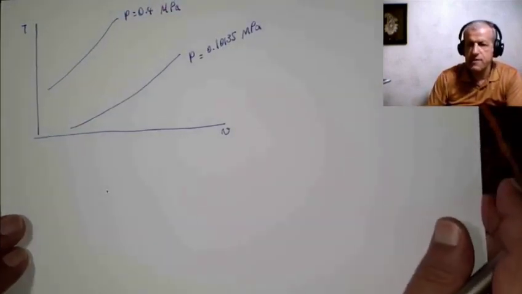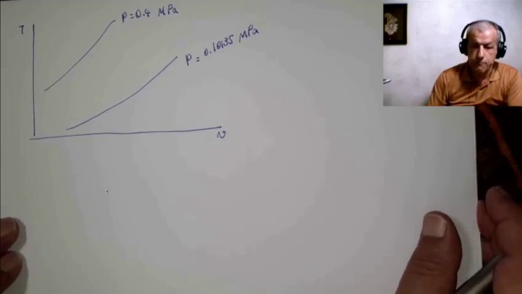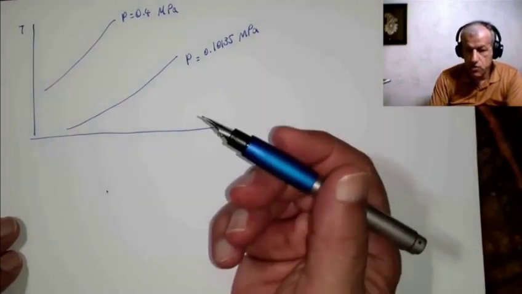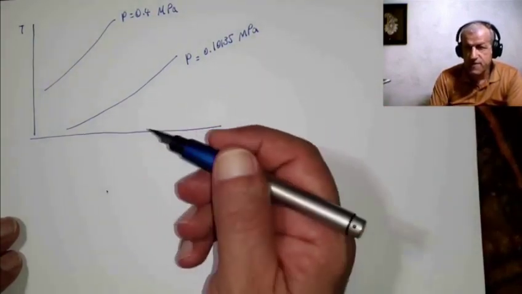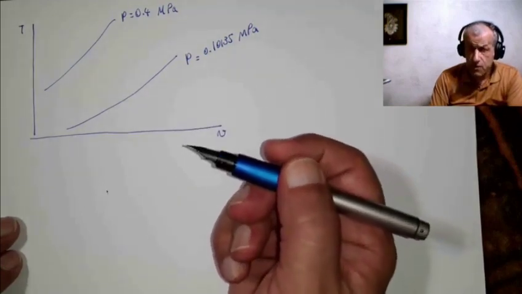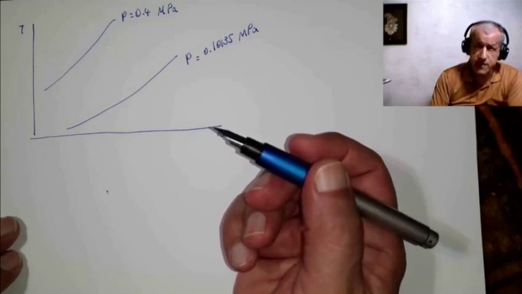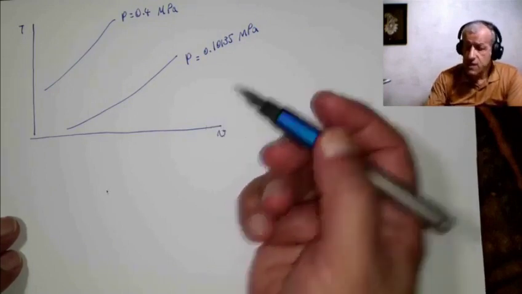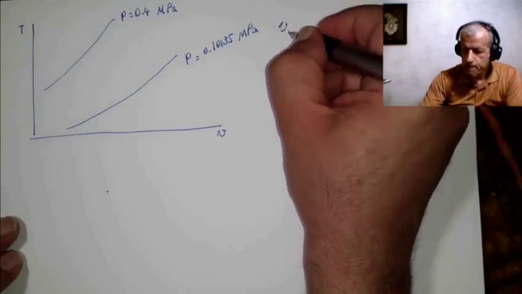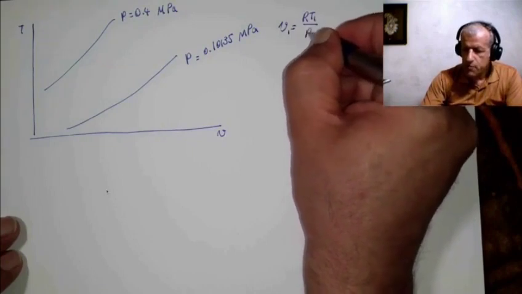So this is our diagram. Now, just to have an idea of how to draw this, we should have some values for V. And it's not difficult because we have two properties of inlet and exit. So we can have V for both inlet and exit. V1 equals R T1 over P1.